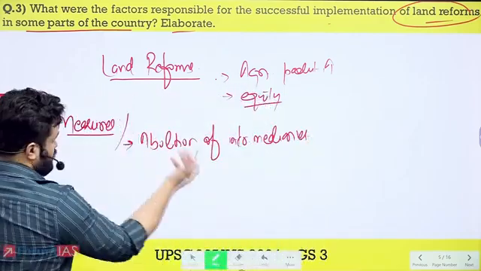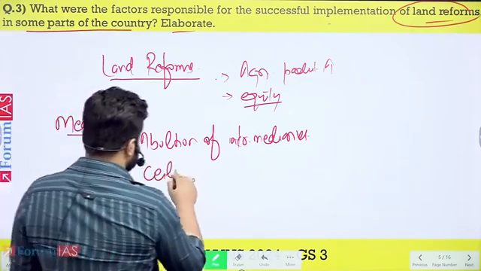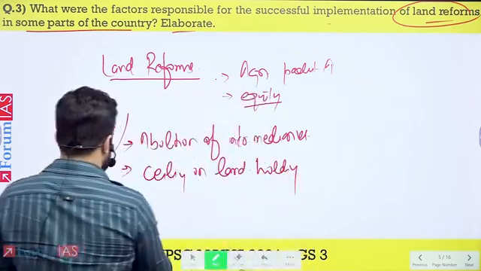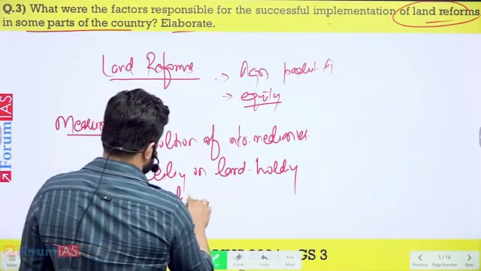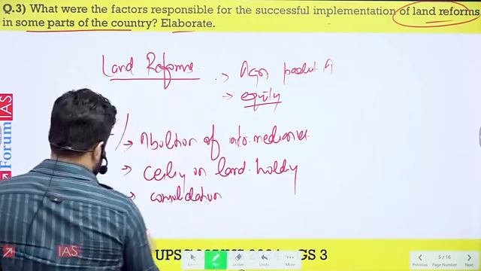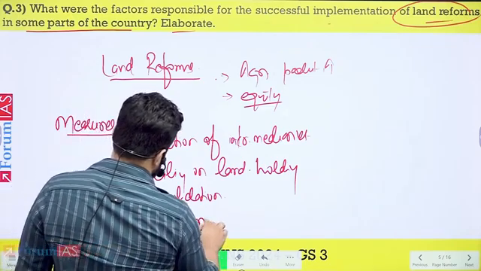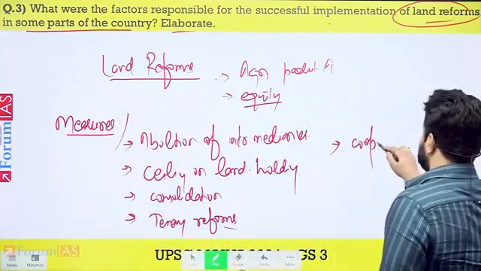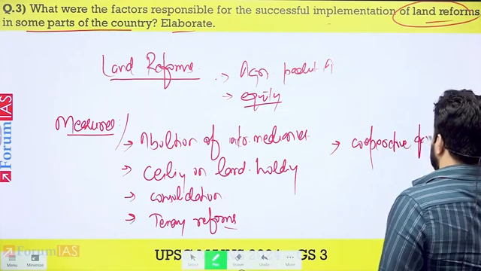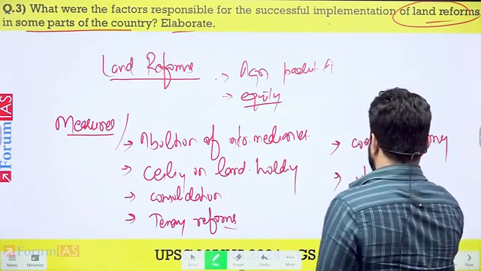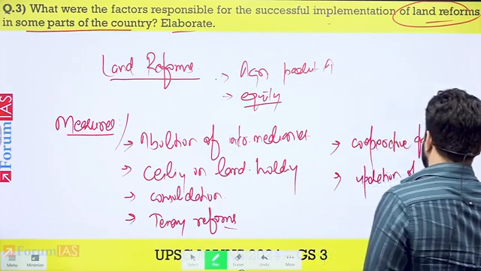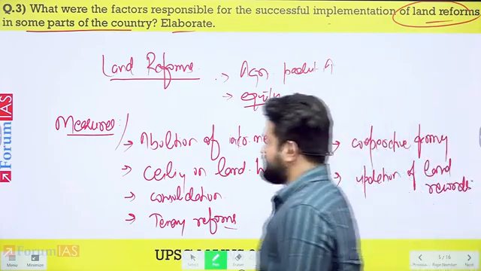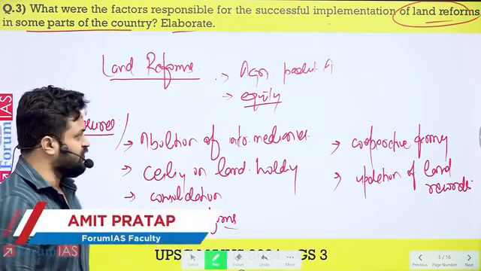Then ceiling on land holding, consolidation, tenancy reforms, cooperative farming, and then updation of land records. These are the measures that were taken under land reforms.